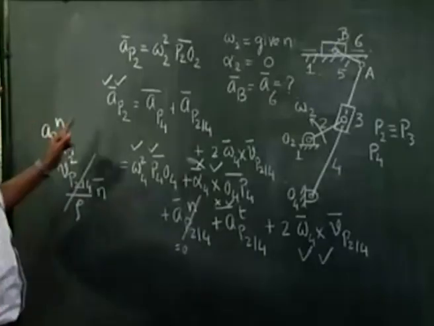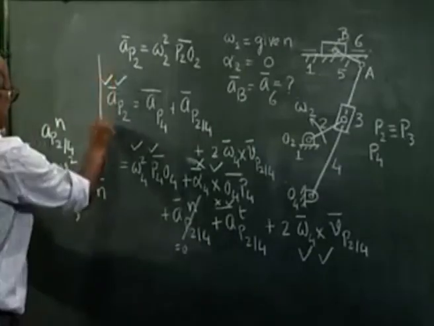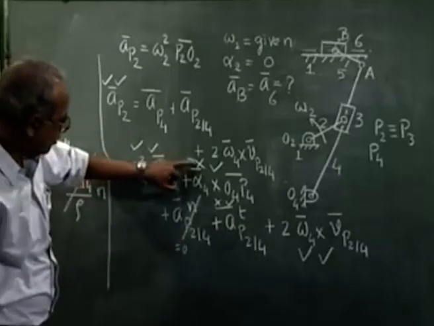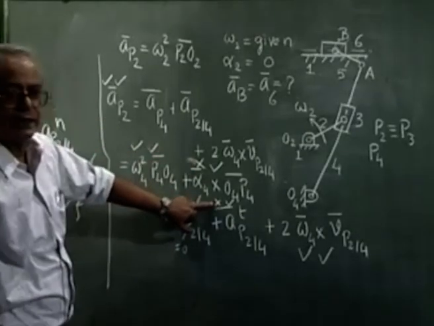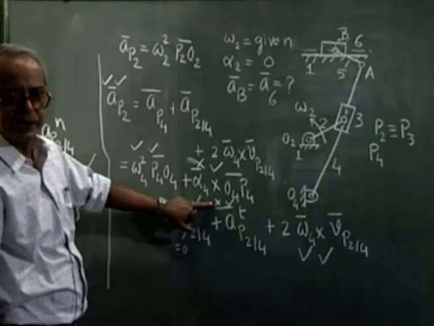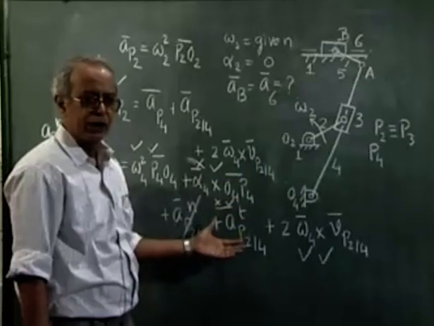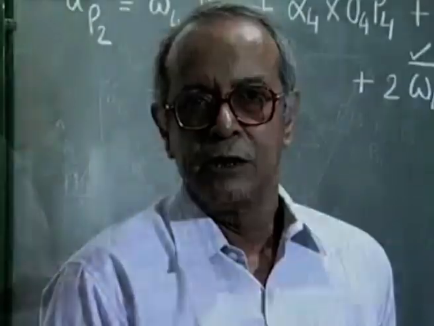So what we see is that in this vector equation, I have one cross here and another cross there, so there are only two unknown quantities. Consequently, this vector equation can be drawn in the vector diagram.